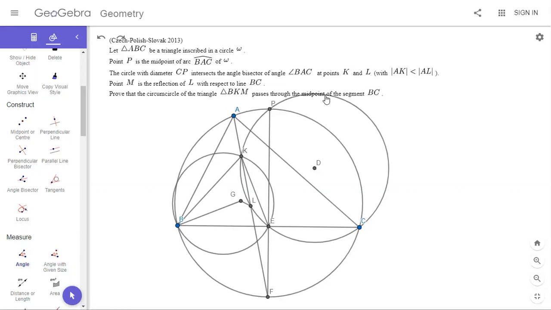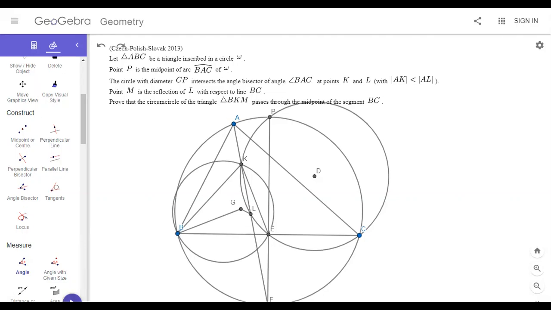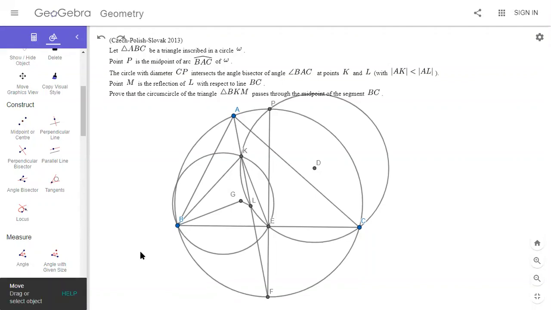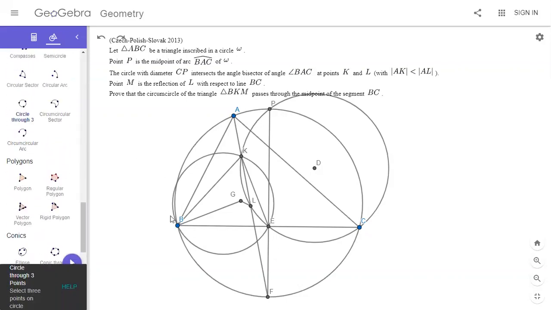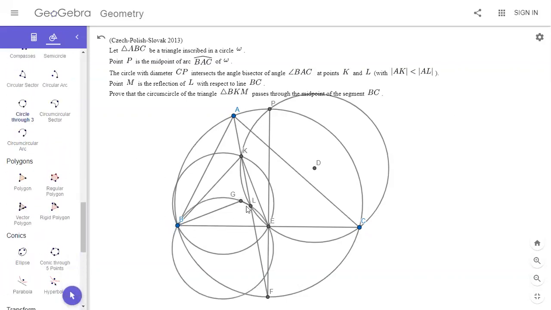Is DLF cyclic? Is what cyclic? BLEF. Oh no, I wondered that earlier. But we want BGLE. If we can show BGLE is cyclic, that would solve it. But yeah, BGE and F are not cyclic.